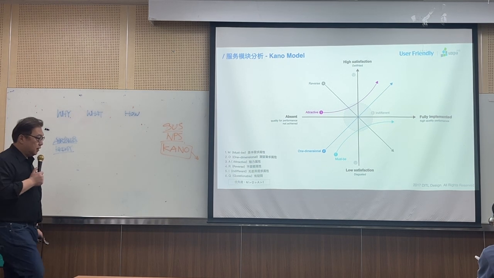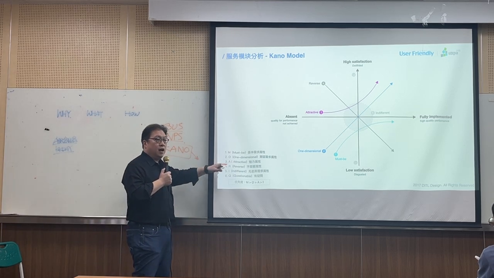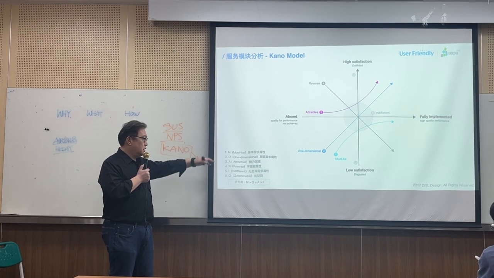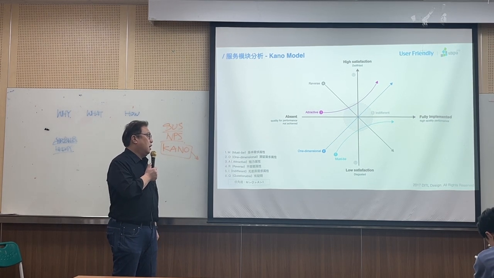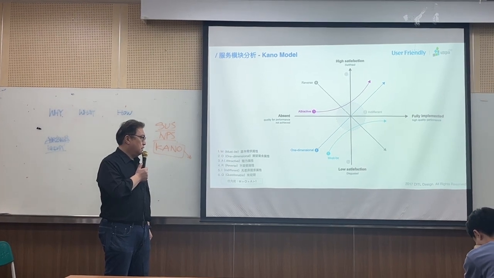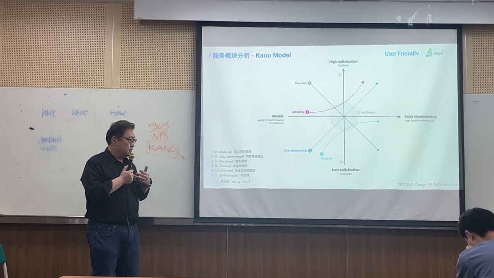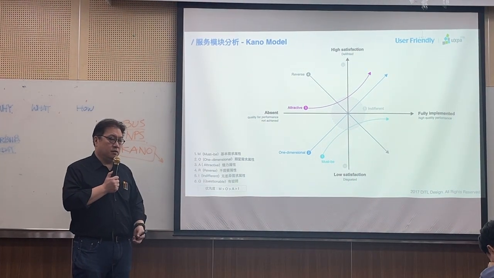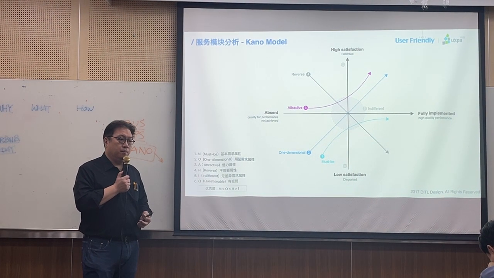Another thing is, these are from the user's perspective, not your perspective. When users look over your design and think, oh, this is what I need, or this is attractive for me, different users might have different opinions, so you will have a percentage of how people feel.